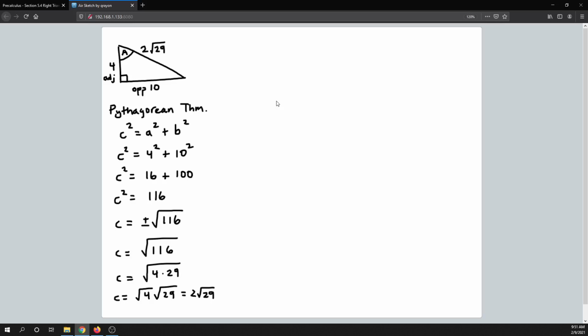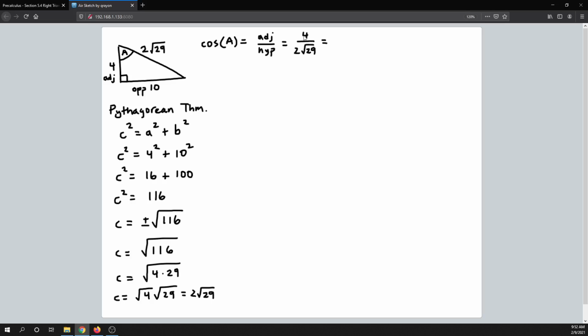All right, and so now we are ready to start calculating the value of the 6 trigonometric functions for the angle A. All right, so for the cosine, that's going to be adjacent over the hypotenuse. So the adjacent side is 4. The hypotenuse is 2 square roots 29. And we're going to simplify that.